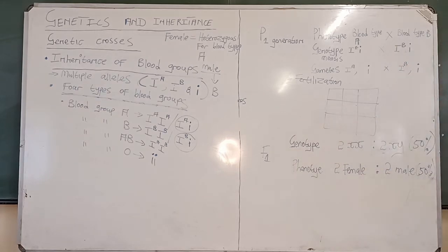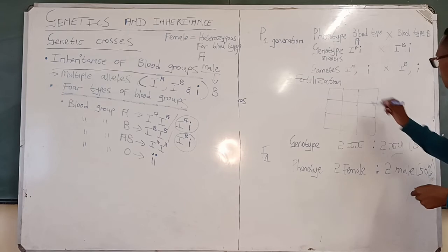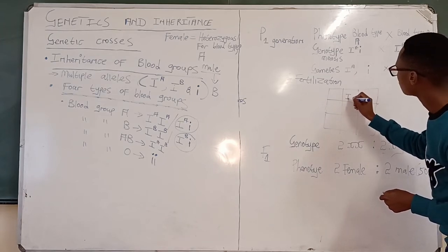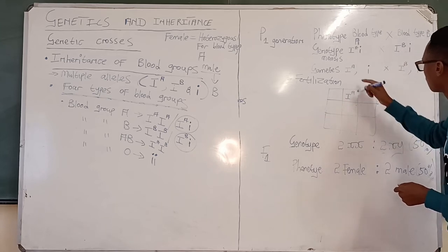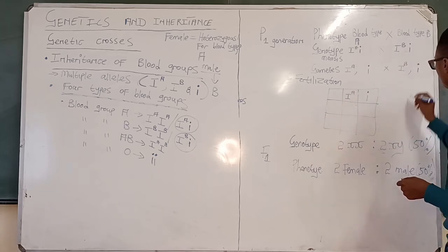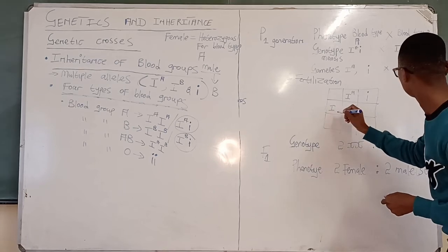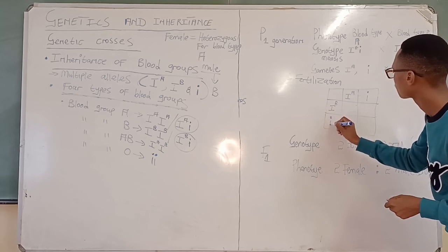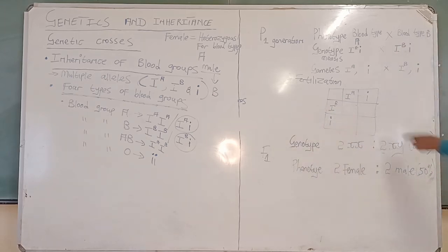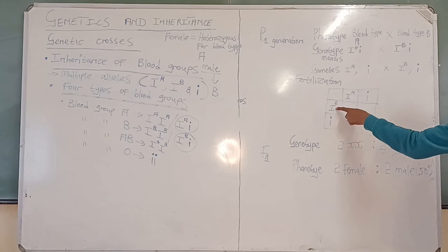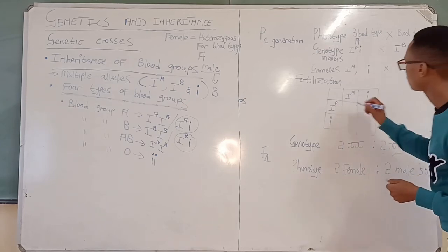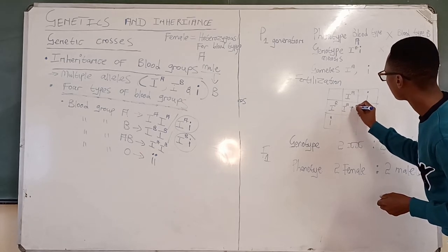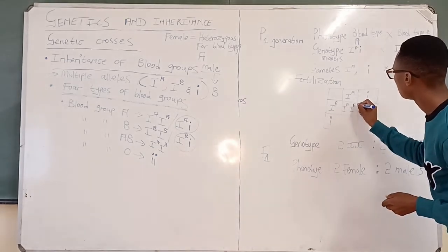Okay, so during fertilization, I'm going to take these gametes. This one and this one. This one and this one. So during fertilization, this gamete is going to combine with this one. When they combine, they're going to form a genotype like this one, AB.